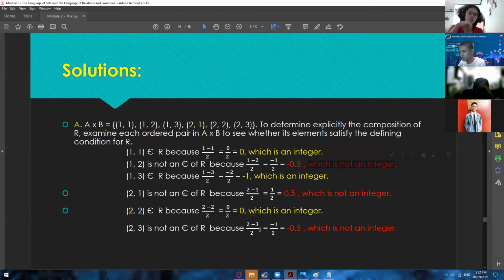And so on and so forth. All you need to do is substitute those ordered pairs and get all of the relations that were able to meet the condition. So we have 3 that were able to meet the condition: ordered pair (1,1), ordered pair (1,3), and ordered pair (2,2). Just ignore the rest.